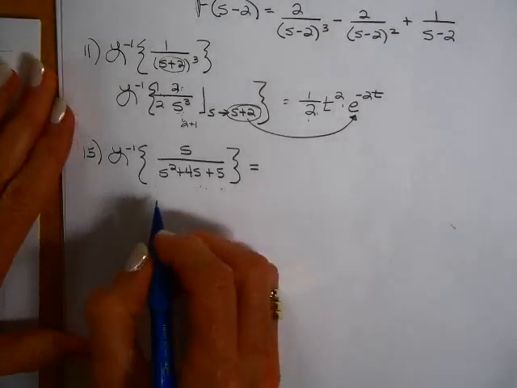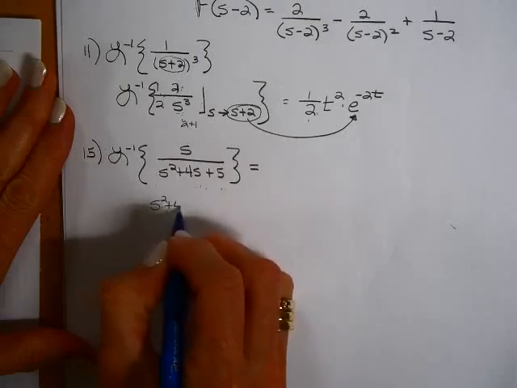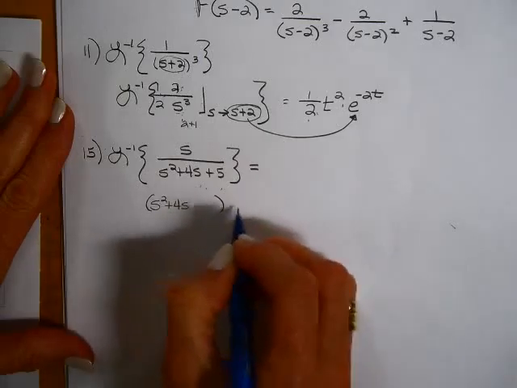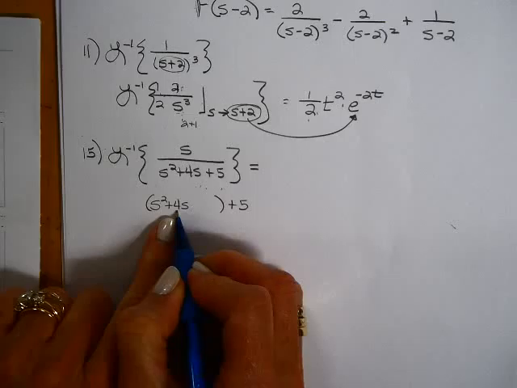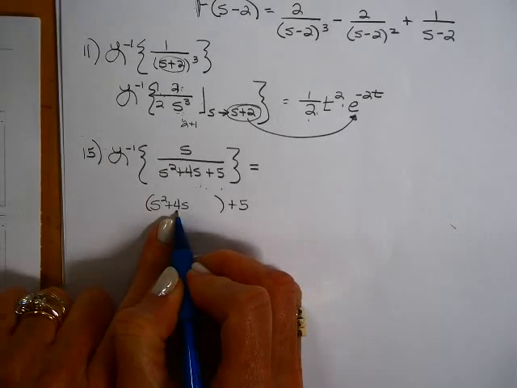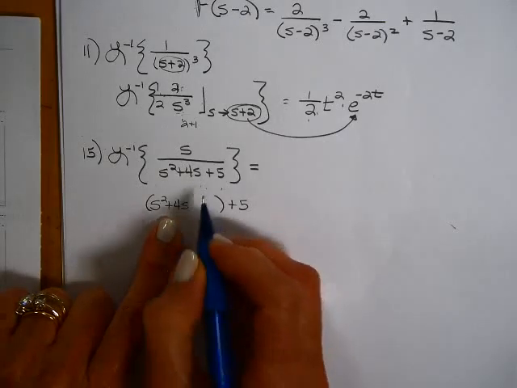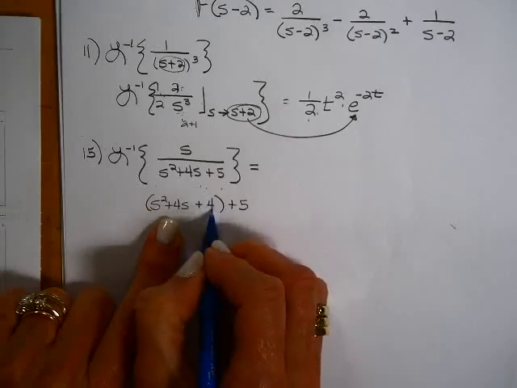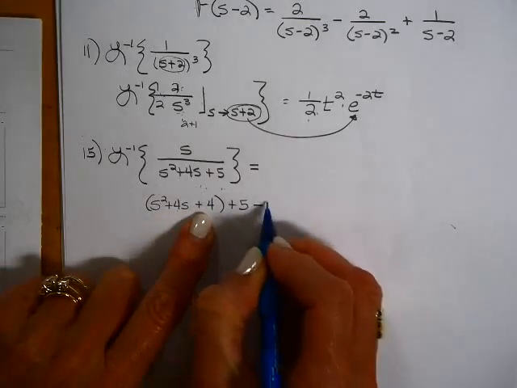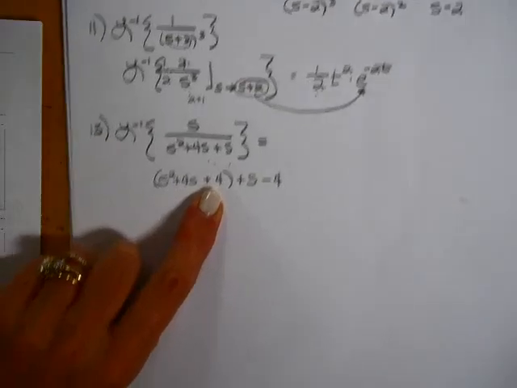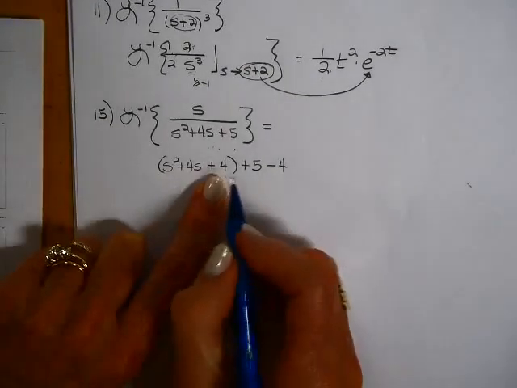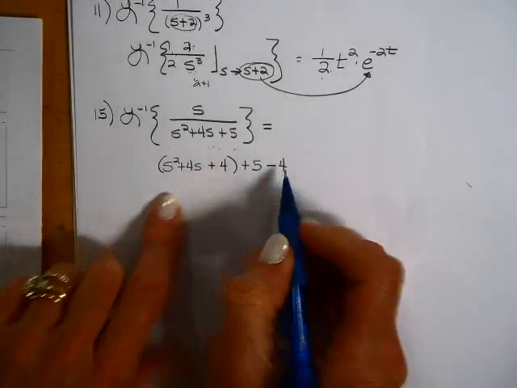All right, so to complete the square, you know you're going to have s squared plus 4s. Remember, you take the 4, take half of that, which is 2, and then square it, which means I'm going to add a 4 here, but I need to subtract a 4 on the outside, because that zeroes out. So you add the 4 here, subtract it here.